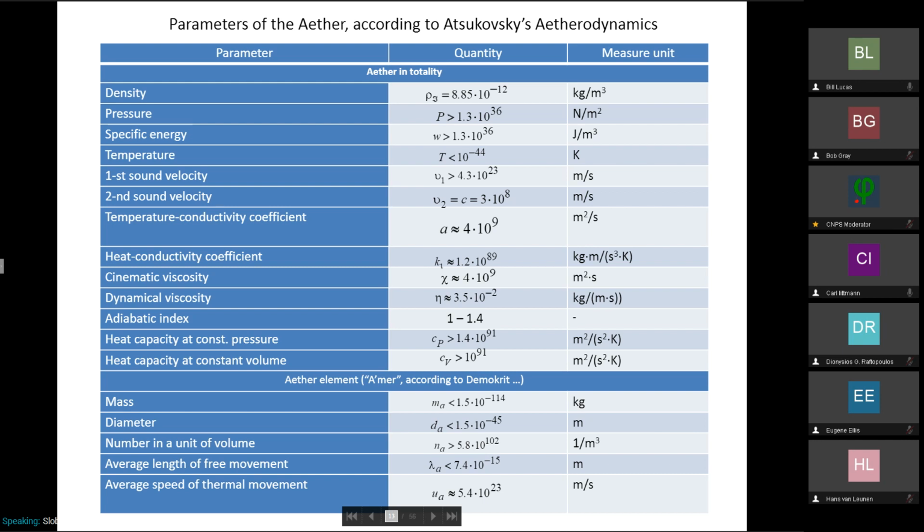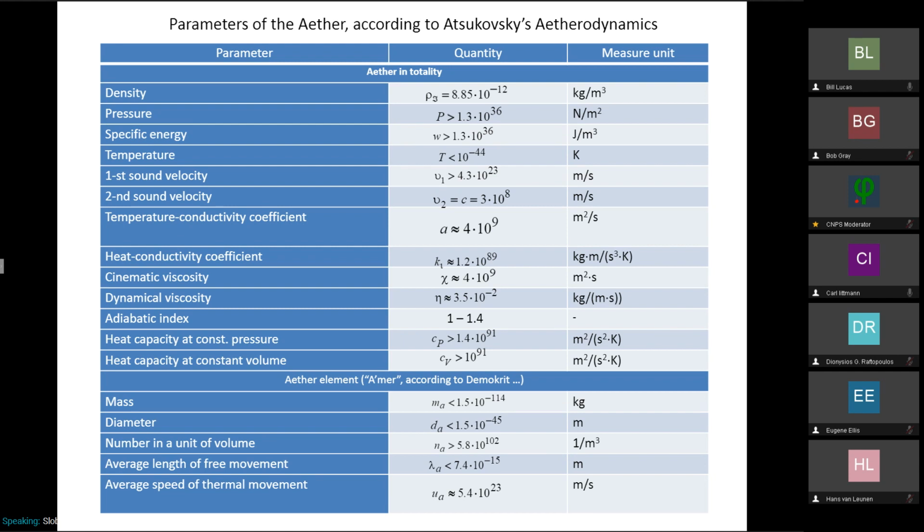Here's the list or table containing the ether parameters, deduced in combination based on many measurements in particle physics, quantum mechanics, electromagnetism, some new experiments, and so on.